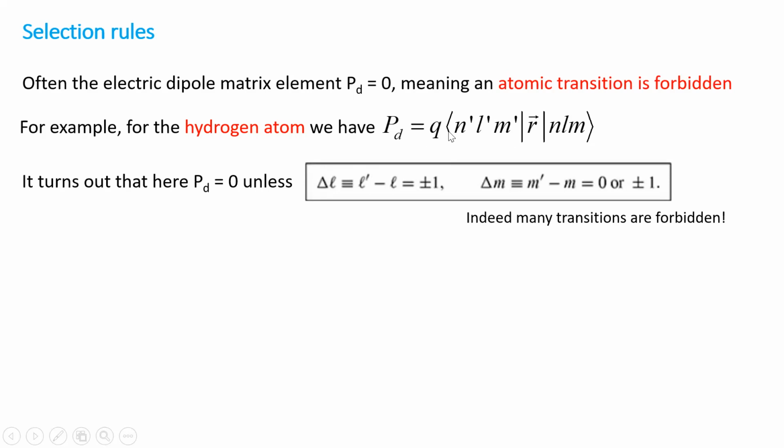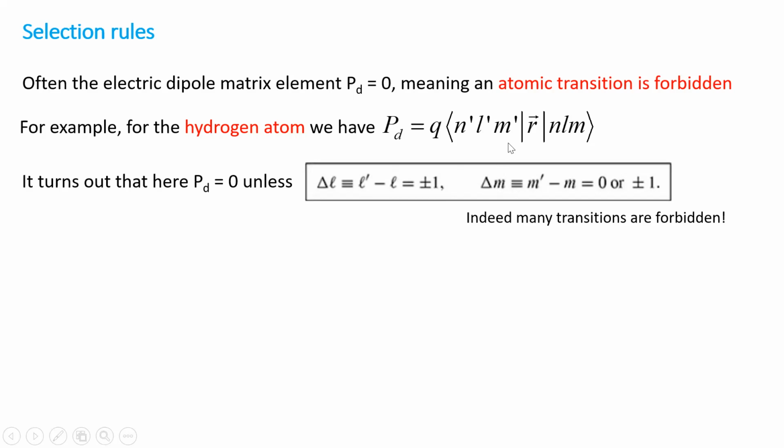This matrix element, which involves an integral, would be 0 unless the following hold. Delta l, the difference between l prime and l, is either plus or minus 1. So in the transition, l has to change by either plus or minus 1.